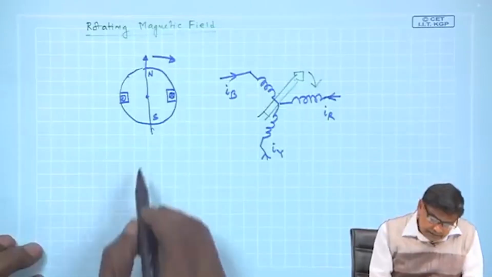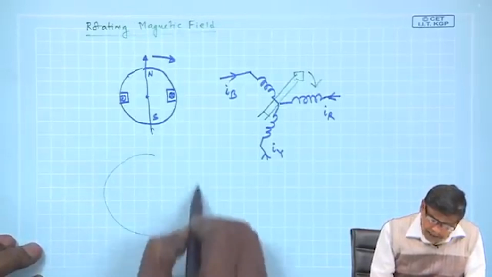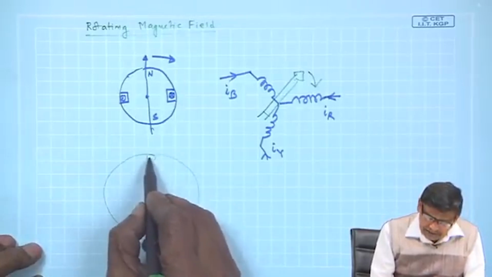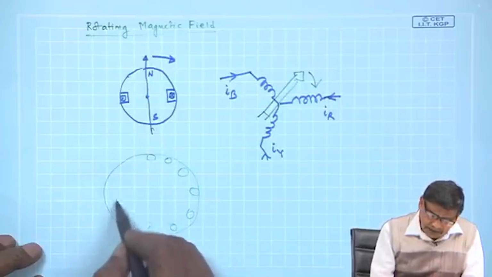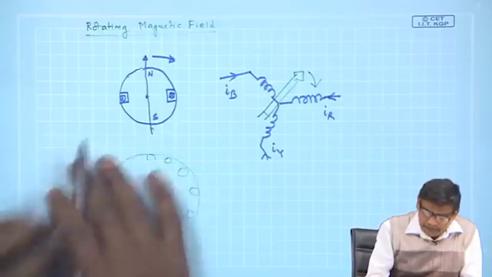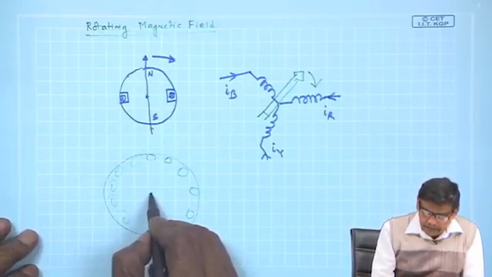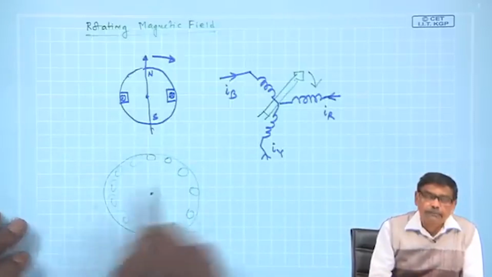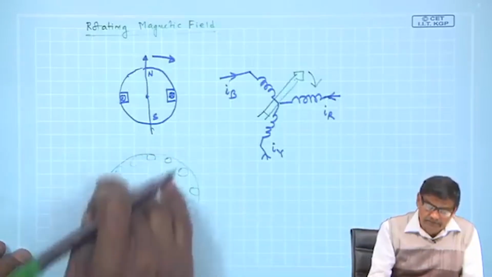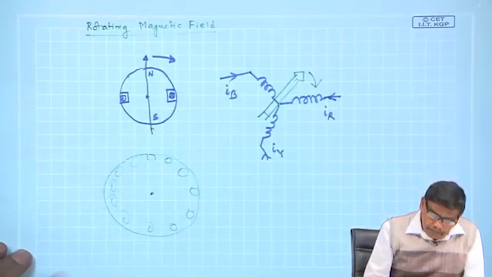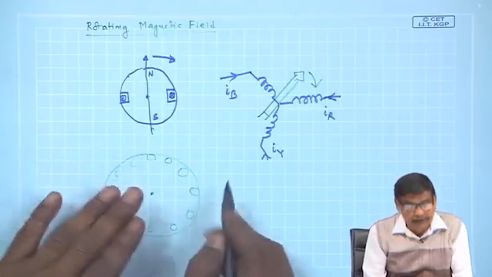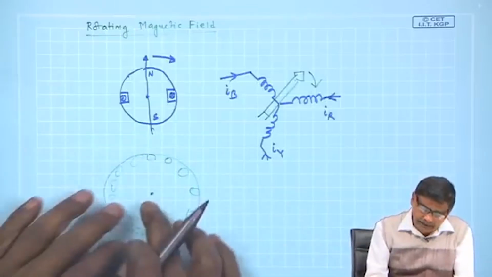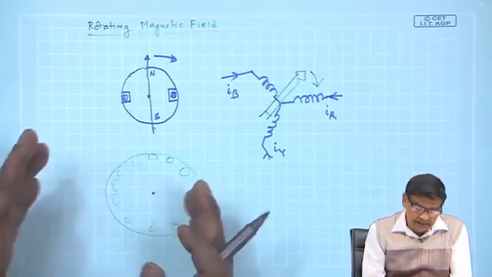What do I mean by that? Suppose you have a balanced 3-phase winding here. I will just show it like this, no point in drawing slots. Balanced 3-phase winding, with R, Y, B phase coils, and suppose this structure can also be rotated mechanically, but it is stationary now.